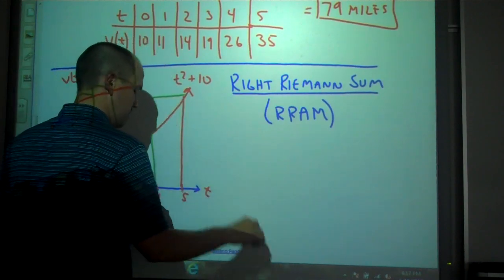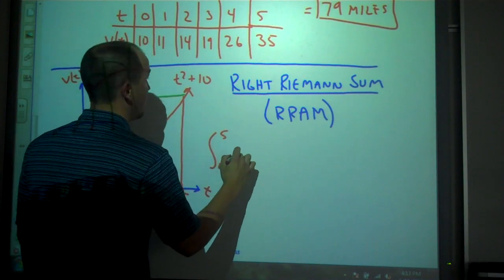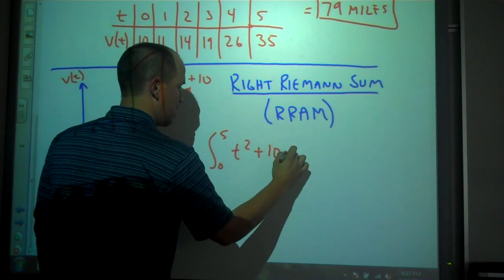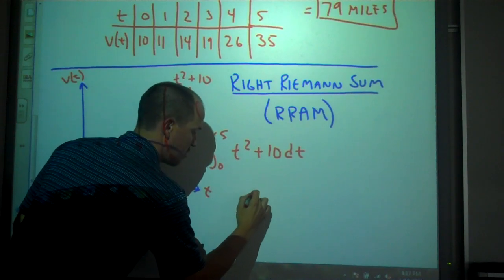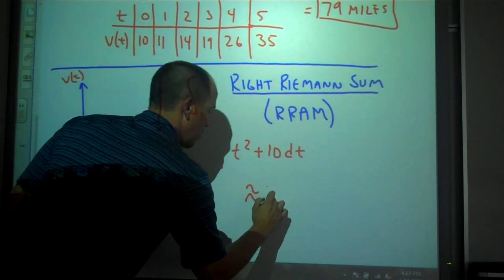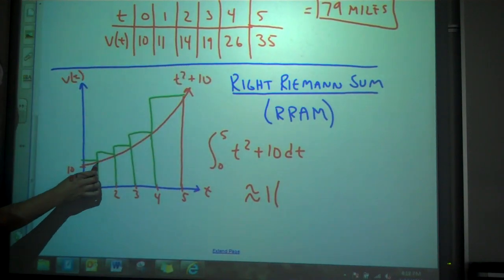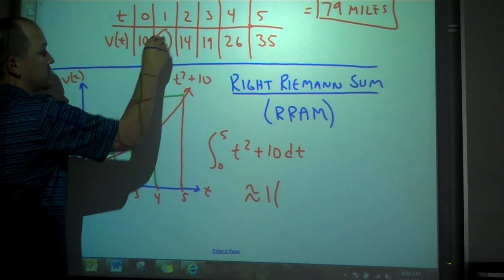So my integral from 0 to 5 of t squared plus 10 dt is going to approximately be, so 1 times, now the right height is at 11, not 10, it's at 11. So we're starting with this one right there.